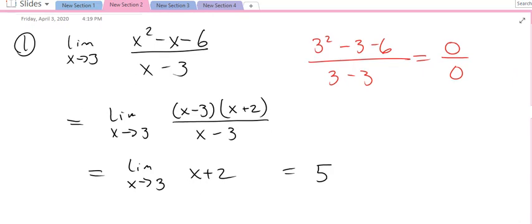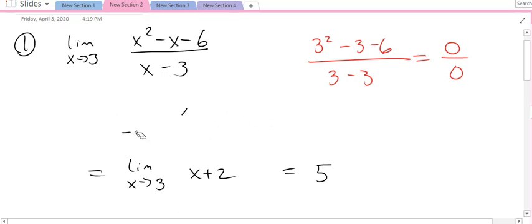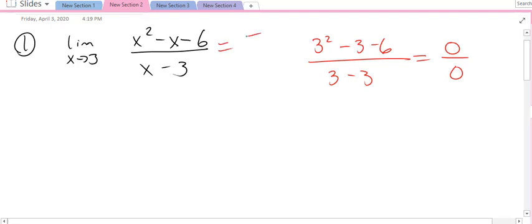We went back up and we saw that the limit here was 5 before, but we could have also used L'Hopital's rule on this. So we're just going to make a note here that we know this answer is 5. What L'Hopital's rule tells us is that the limit as x goes to 3 of this thing, since it's 0 over 0, that indeterminate form, I can take the derivative of the top and those limits are going to be the same.